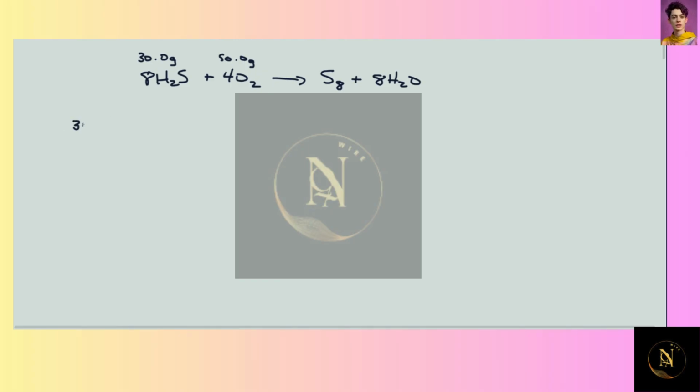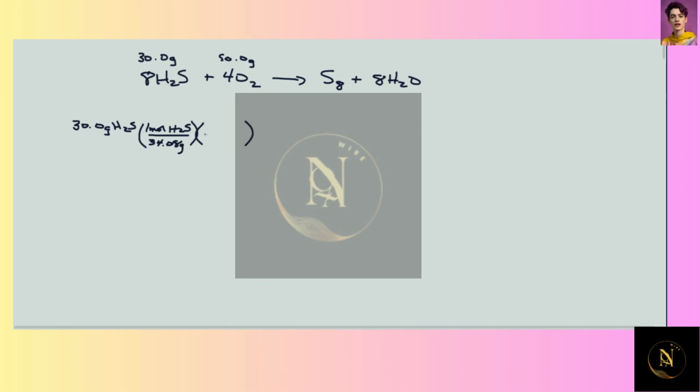So if we have 30 grams of H2S, we're first going to convert that to moles by using molar mass. The molar mass of H2S, if you take an S and two H's and put them together, is 34.08 grams. That'll get us moles.